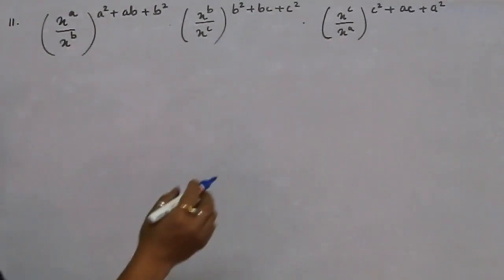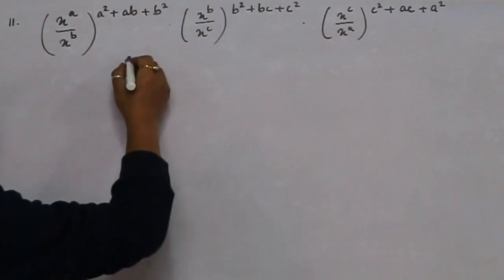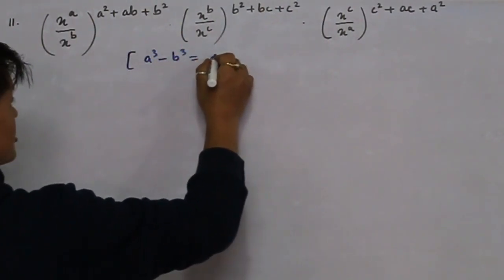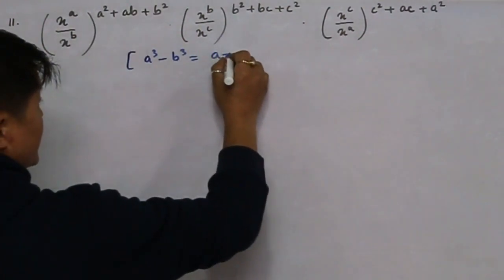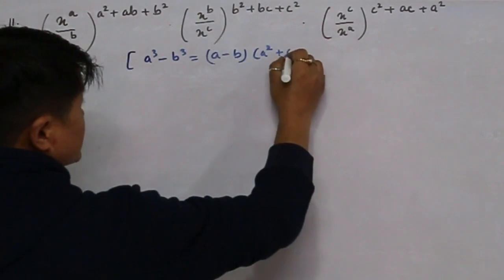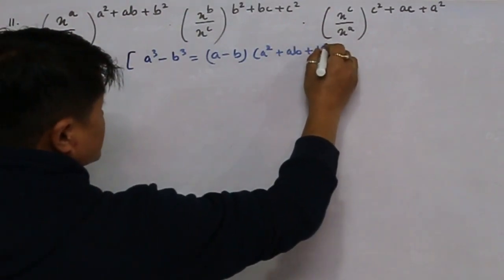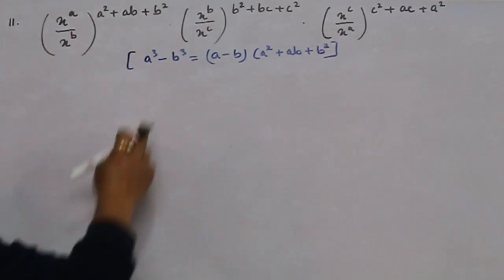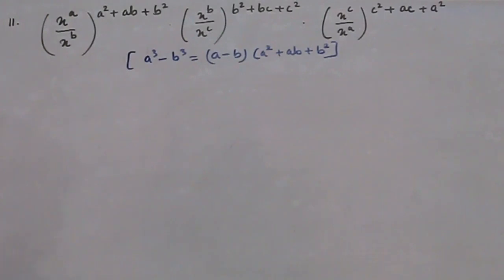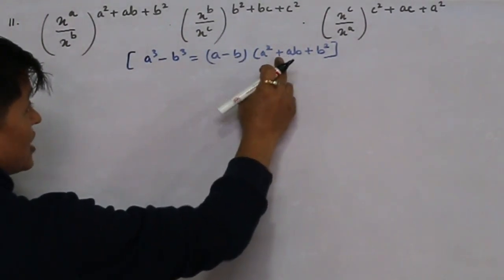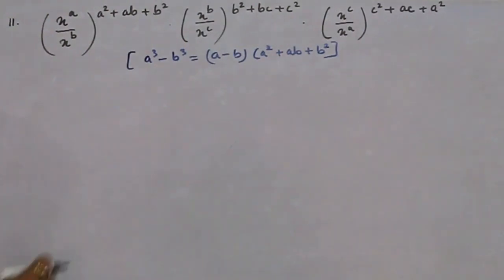For this question we have to know one product formula, that is a cube minus b cube is equal to a minus b, a square plus ab plus b square. This is the product formula of a cube minus b cube. For solving this, we need to use this formula, okay? And if it is plus, this will become plus, this will become minus, okay?